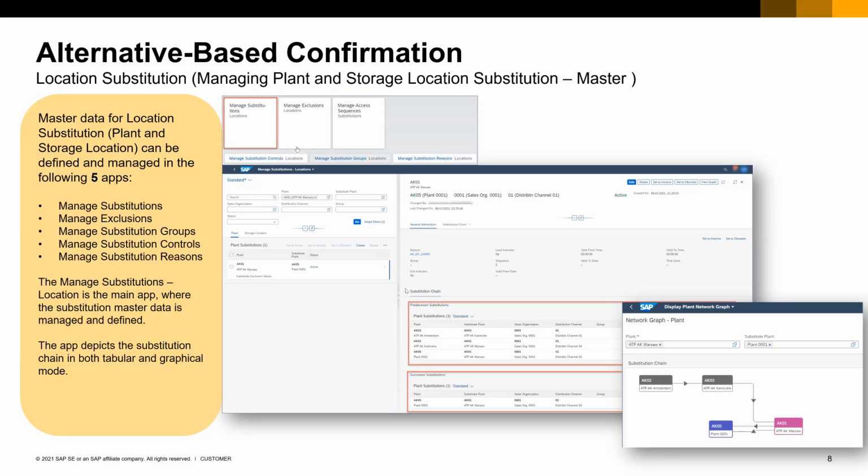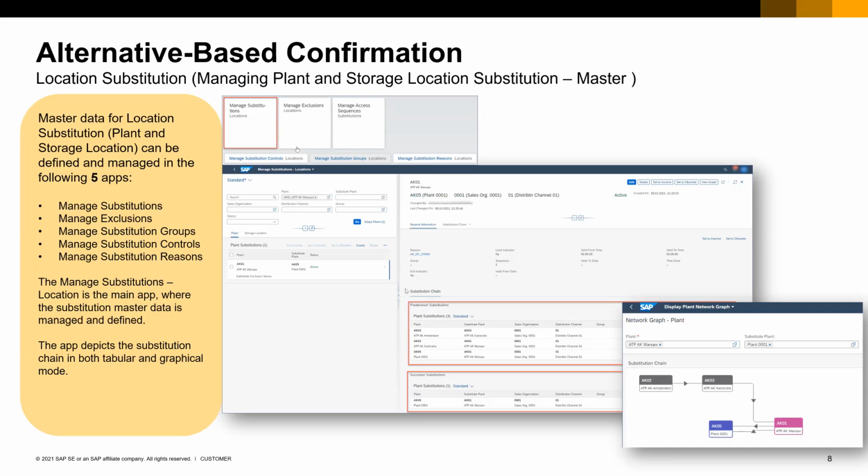The storage location substitution is not just a simple substitution, it's even a determination. So even if you do not specify a storage location in the sales order, for instance, then you can set up the system in a way that it determines the correct storage location.